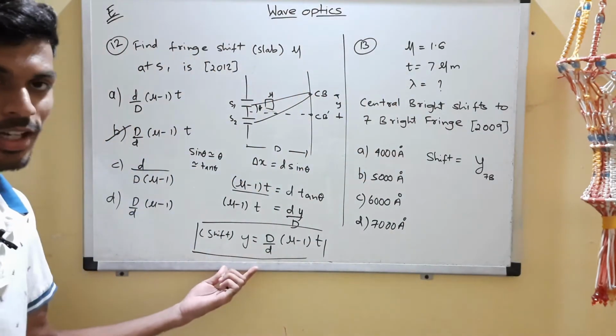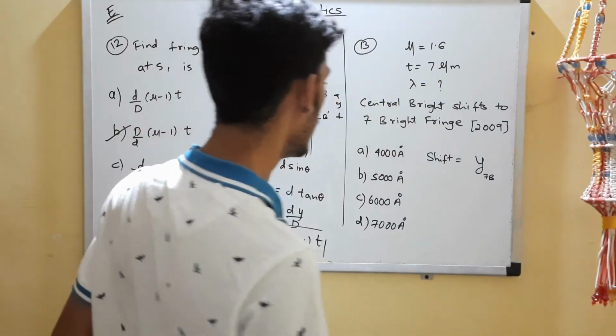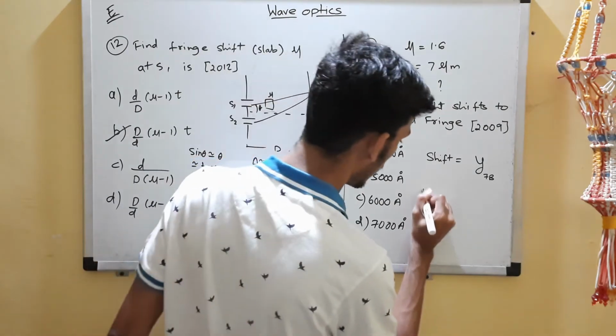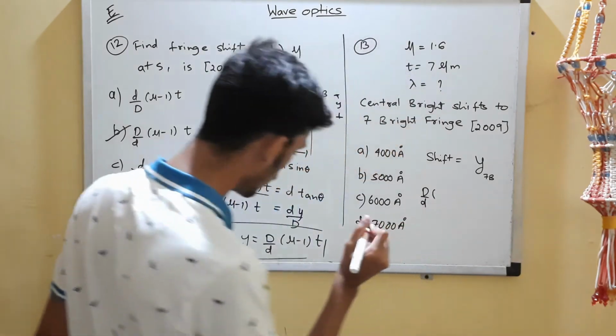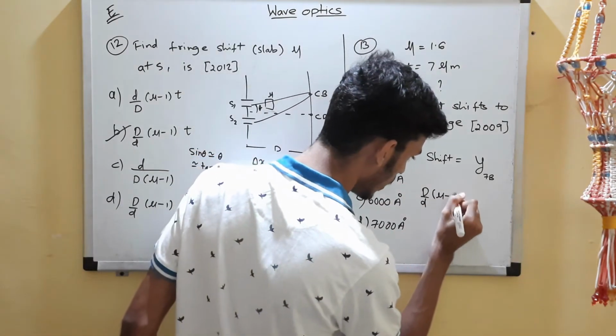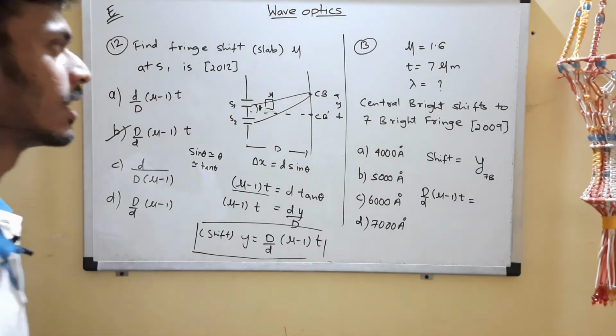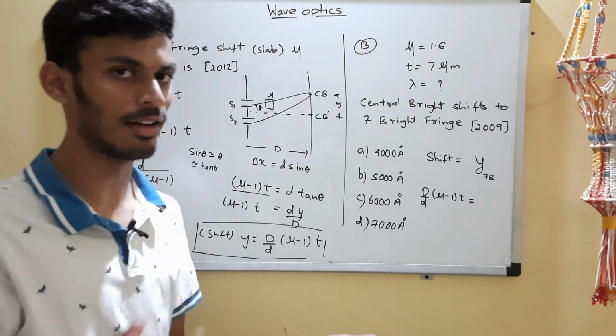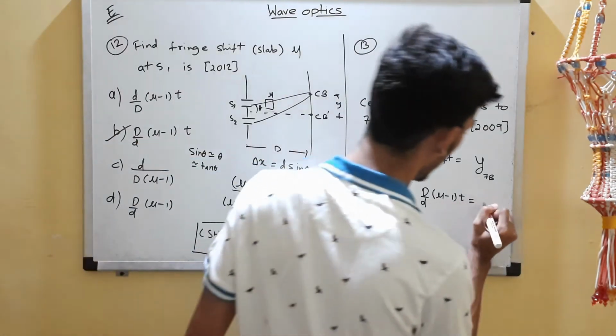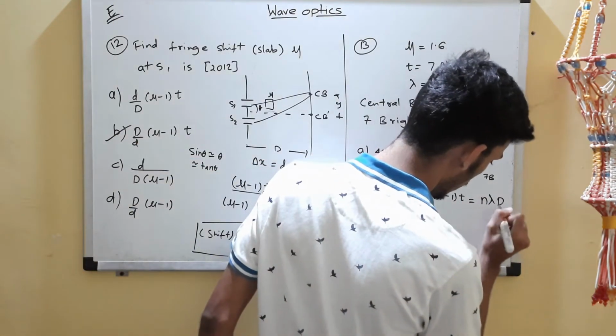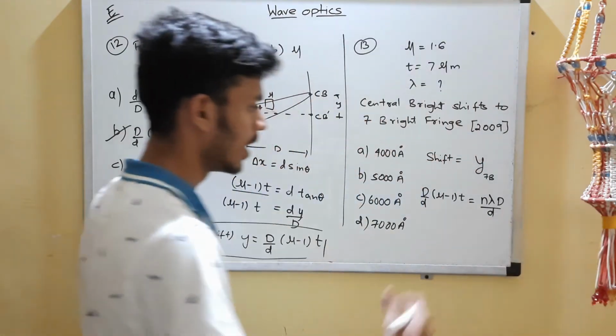Now we know the shift, of course. So the shift is capital D by small d into mu minus 1 into t equals the seventh bright spot in case of interference. YDSE is interference, so n lambda capital D by small d.